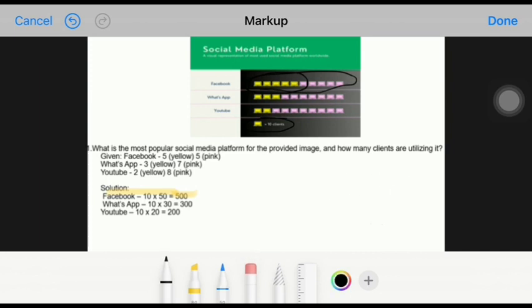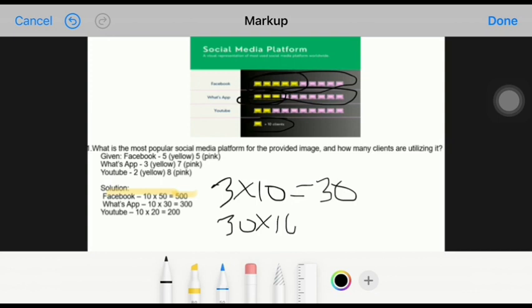So 3 yellow PCs, 3 times 10 is equal to 30. Multiply it again by 10 because the overall PC is 10. So 30 times 10 is equal to 300. So let's highlight WhatsApp. WhatsApp is 300.